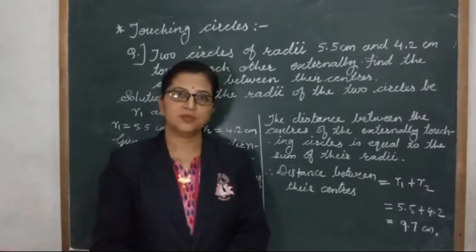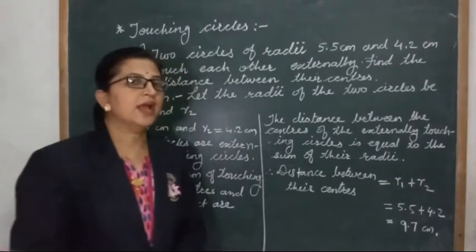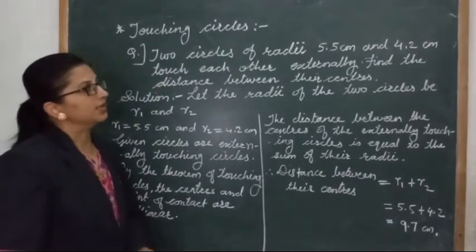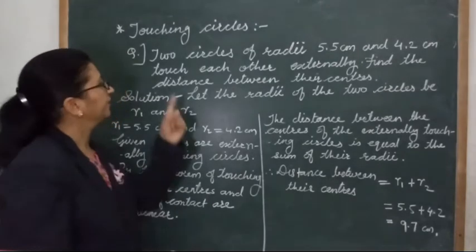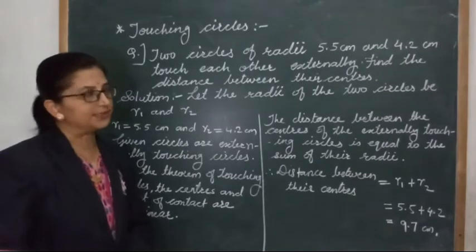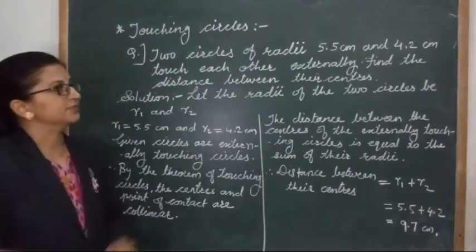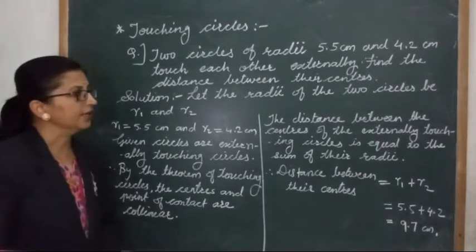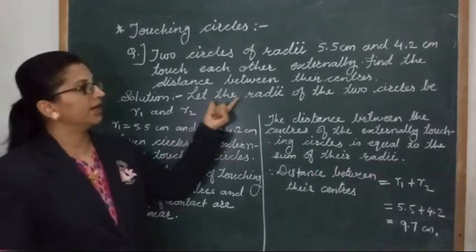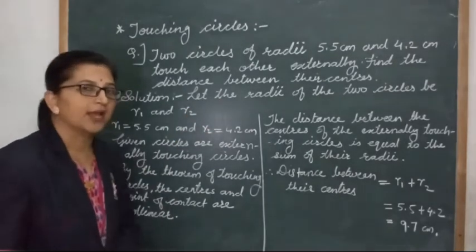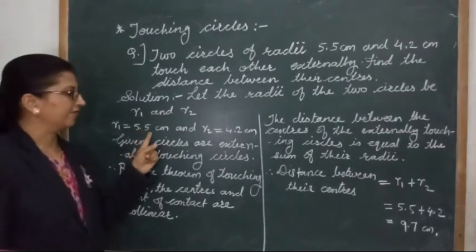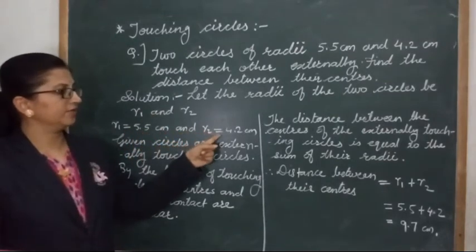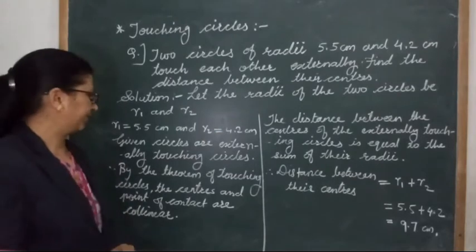Let's use this theorem to solve an example. We have the question: two circles of radii 5.5 cm and 4.2 cm touch each other externally. Find the distance between their centers. Okay, so let's consider the radii of these two circles as R1 and R2. Therefore, R1 is equal to 5.5 centimeters and R2 is equal to 4.2 centimeters.